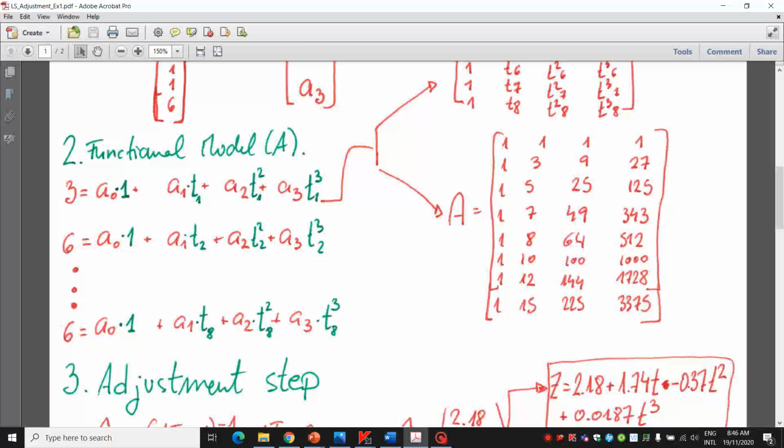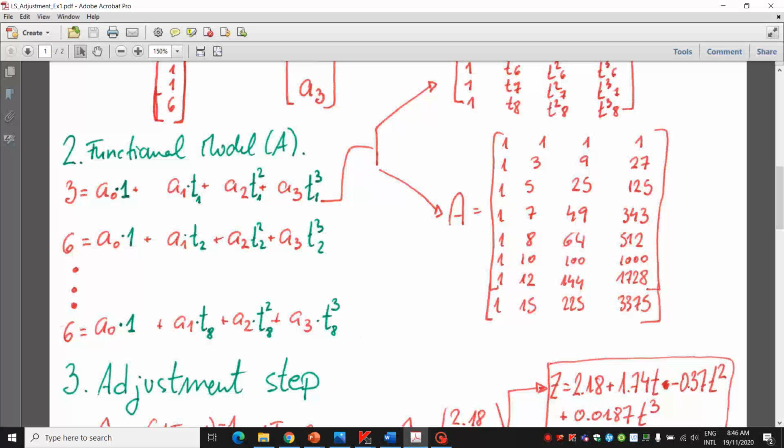So the first one will be a0 times 1 plus a1 times t, which is 1 because the time is 1, plus a2 times t squared, which is 1 squared, plus a3 times t cubic, which is 1 cubic.